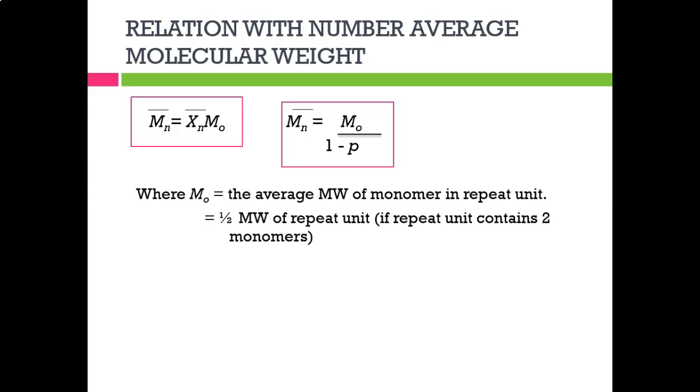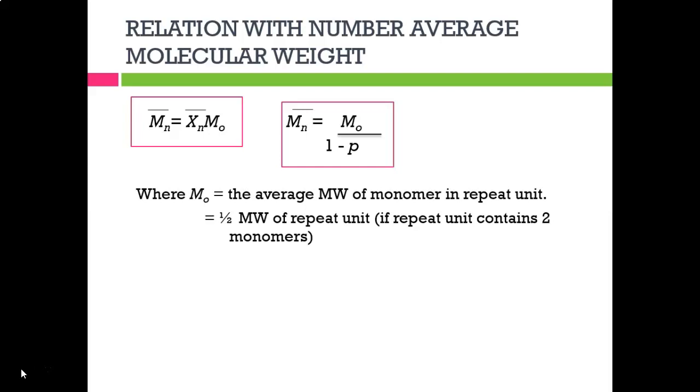So M naught is equal to Mn over Xn, or Mn equal to M naught over 1 minus p. So M naught is actually half of the molecular weight of repeat units. So if repeat unit contains 2 monomers, here M naught is half of the molecular weight of the monomers in that repeat unit.